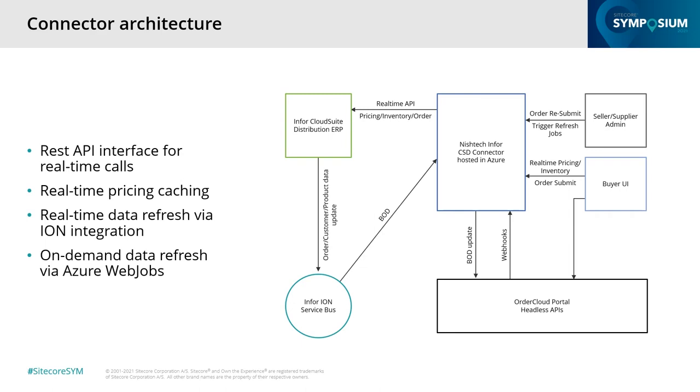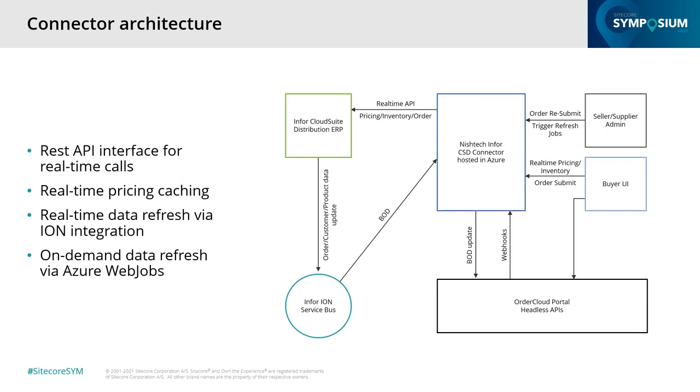The connector validates the order before submitting the order to ERP. If order gets submitted successfully, connector returns a success response. Otherwise, a failure response is received by buyer UI. If the connector is configured to send notifications, it sends notification for different events that happened in the ordering process.